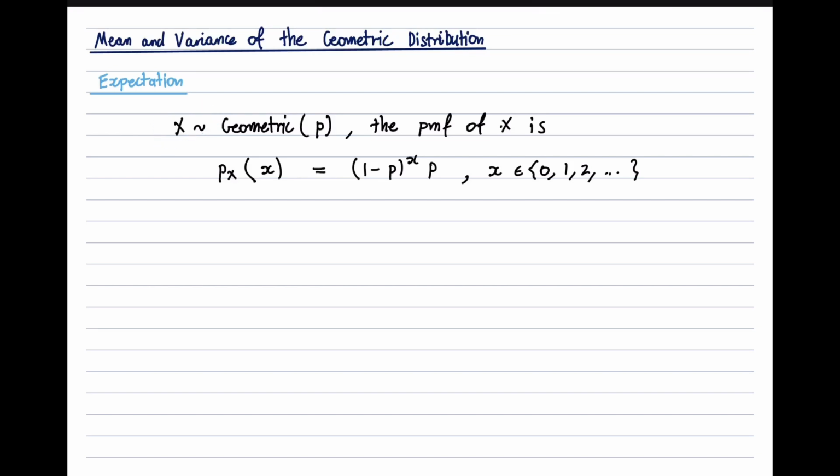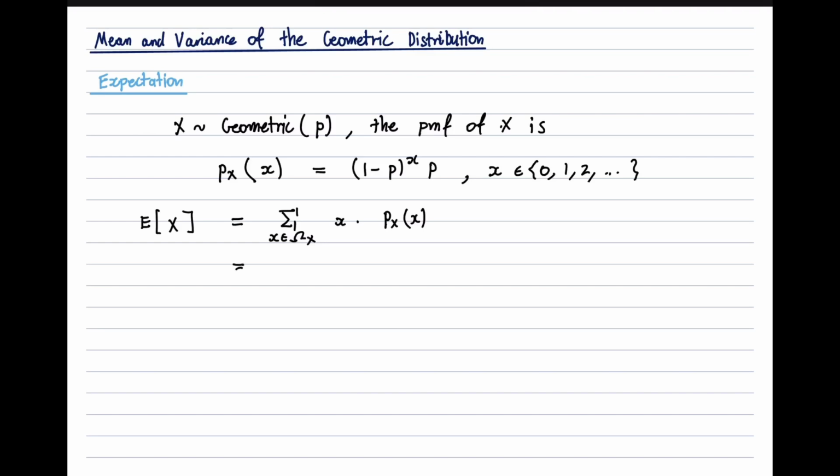So, now that we have defined the PMF, we can find the expected value by using our definition. The expected value of x for a discrete random variable is the sum across all values in the sample space of x multiplied by the probability mass function.